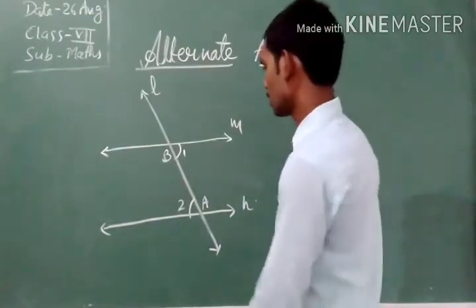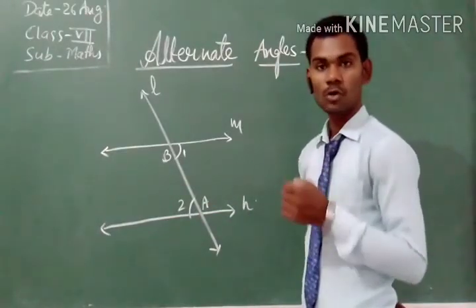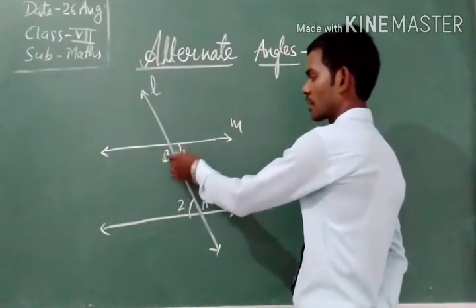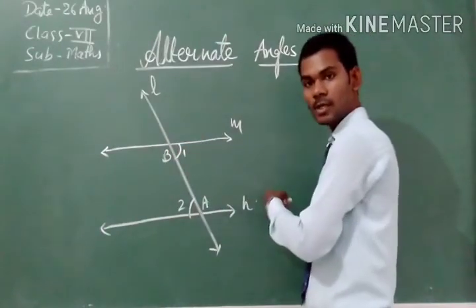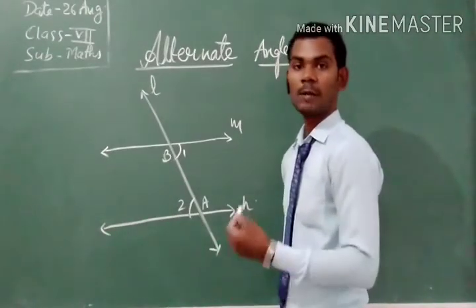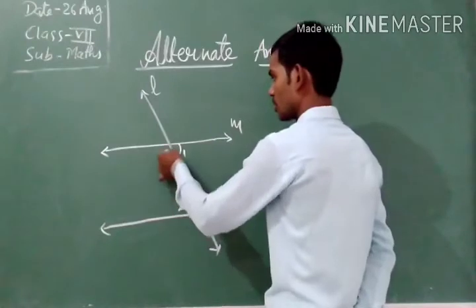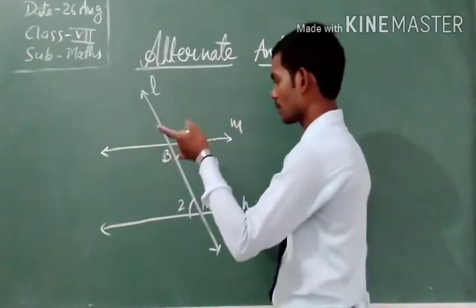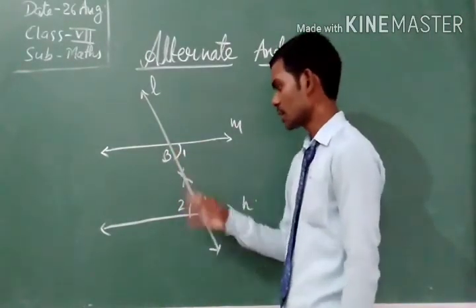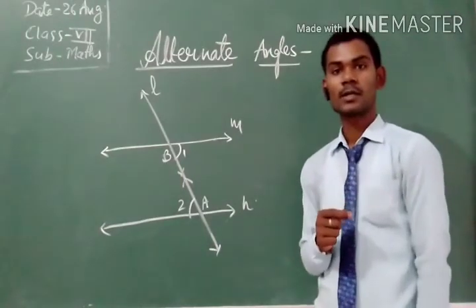So we can see that here angle 1 and angle 2 are alternate angles, because the first arm of angle 1 is on the right side of the transversal, and the one arm of angle 2 is on the left side of the transversal, and also their other arms are formed by the transversal, pointing in opposite directions. Such angles are known as alternate angles.